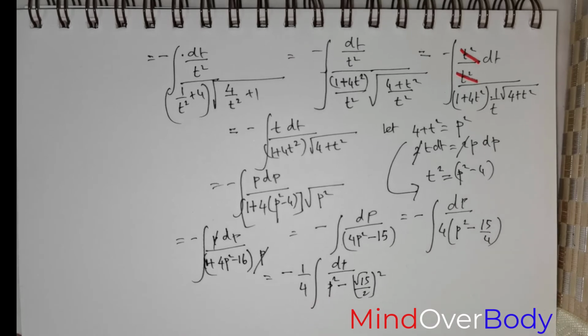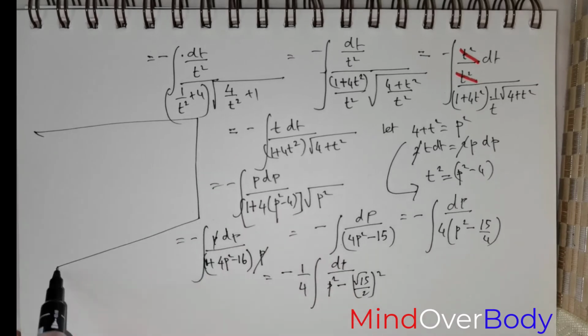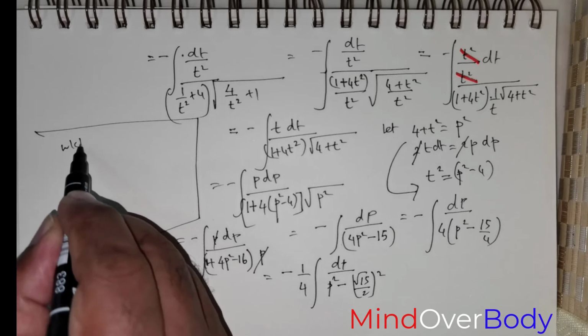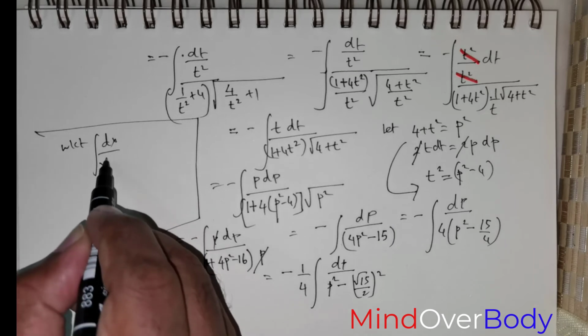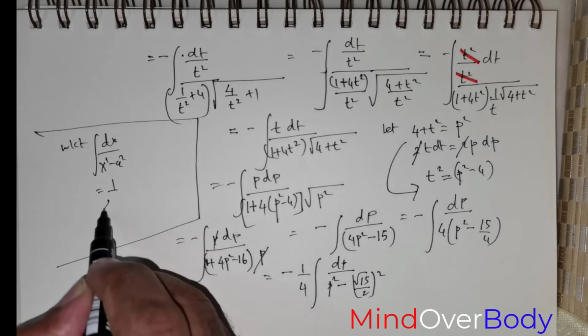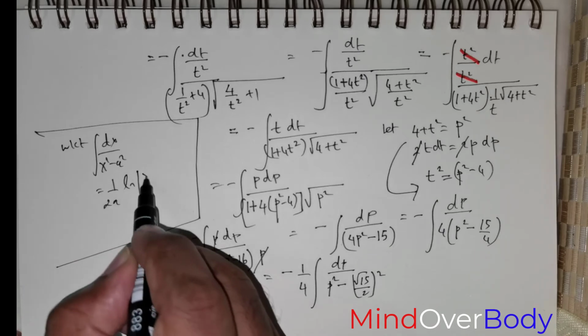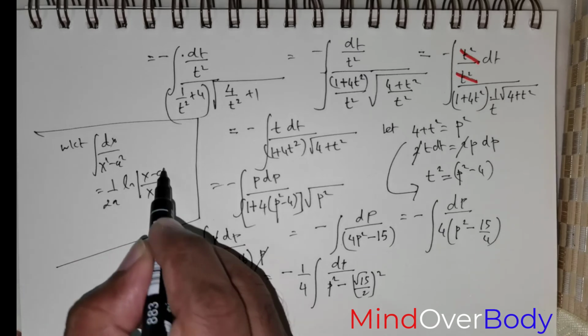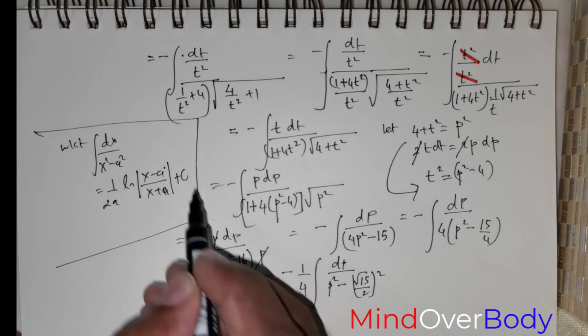Now what is this? This is similar to, let me use this space. We know that integral dx over x squared minus a squared is equal to 1 over 2a ln of x minus a divided by x plus a, plus arbitrary constant.